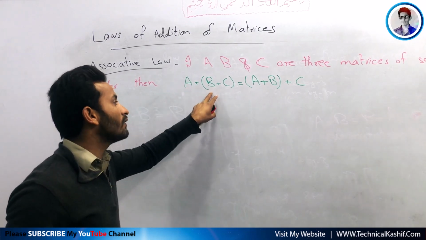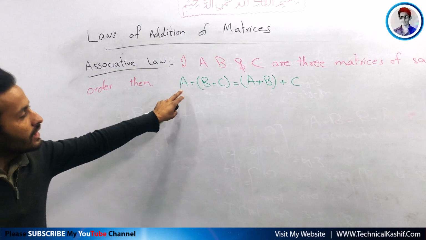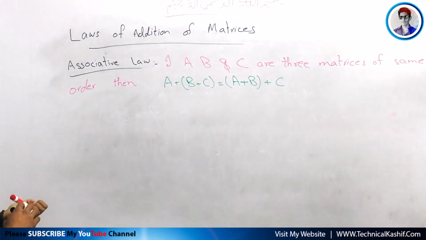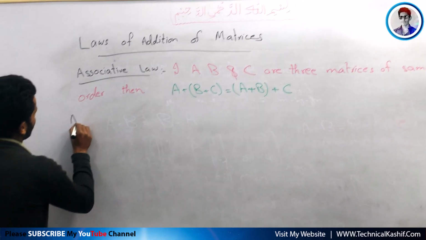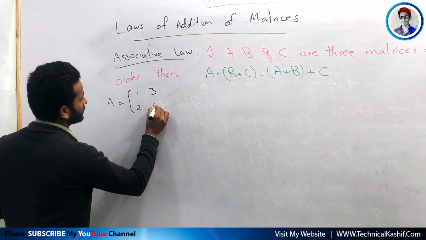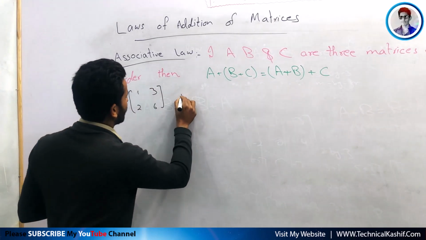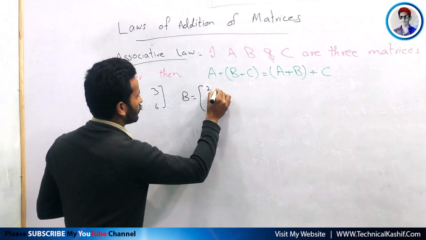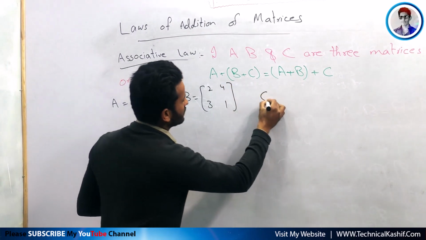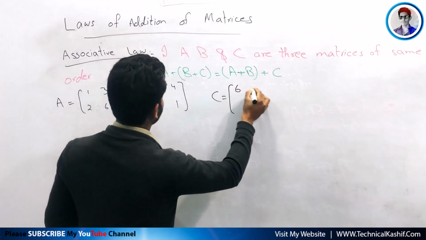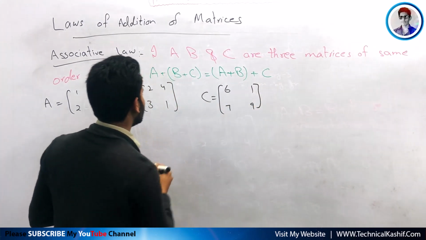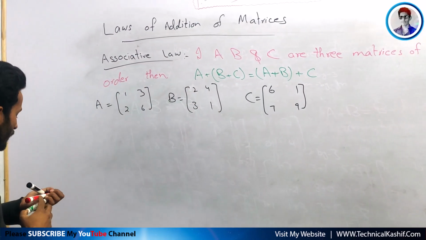Then first by adding B plus C and then A is equal to adding A plus B and then C. For example, A is equal to [1, 3; 2, 6], B is equal to [2, 4; 3, 1], and C is equal to [6, 1; 7, 9]. These are three matrices.